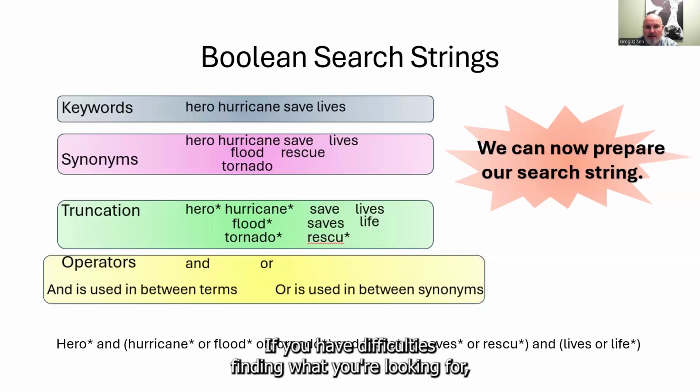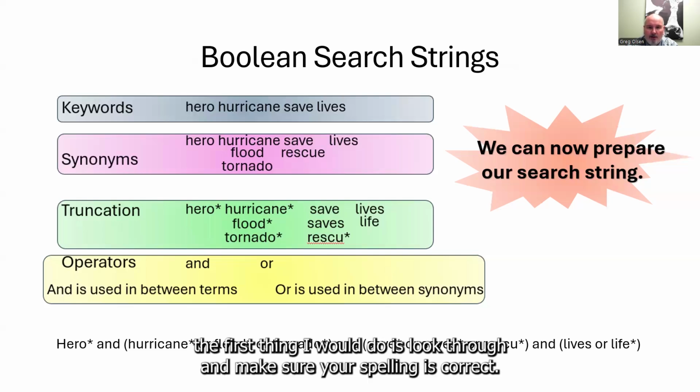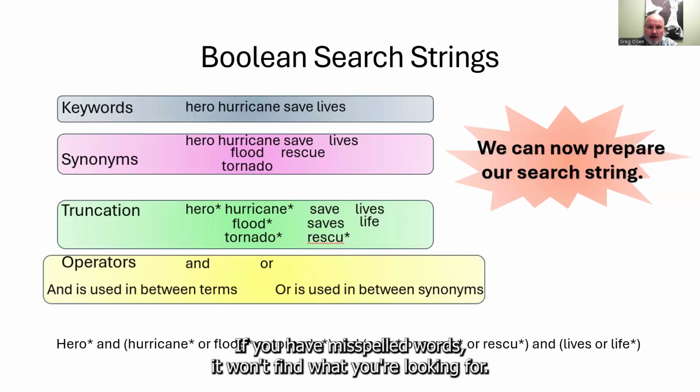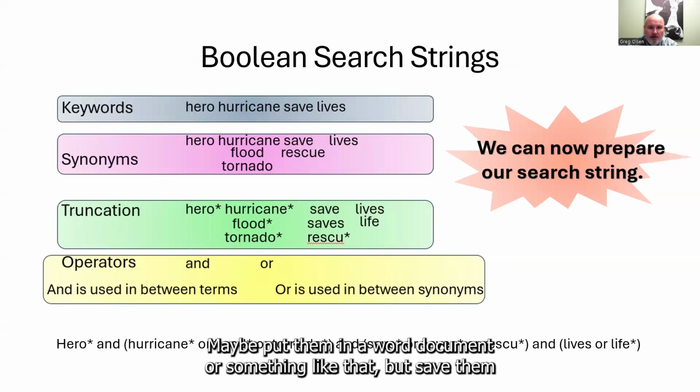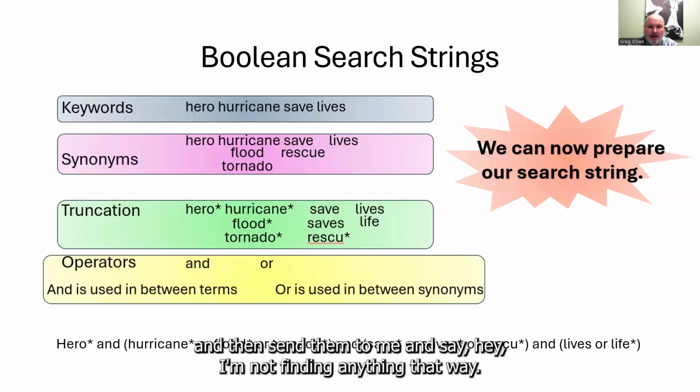If you have difficulties finding what you're looking for, the first thing I would do is look through and make sure your spelling is correct. If you have misspelled words, it won't find what you're looking for. And then if you're still having difficulty, save your search strings, maybe put them in a Word document, and then send them to me and say, hey, I'm not finding anything.